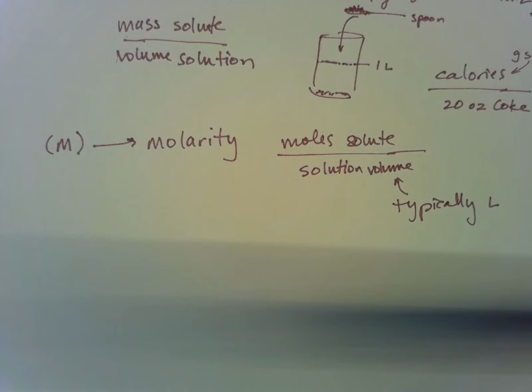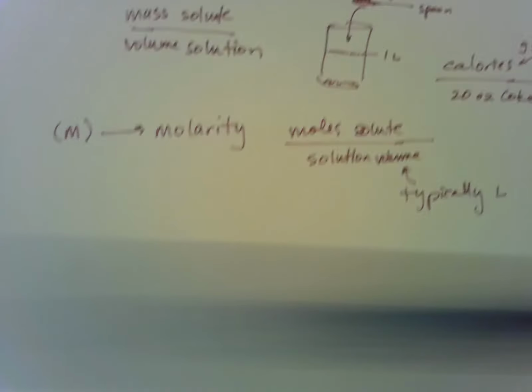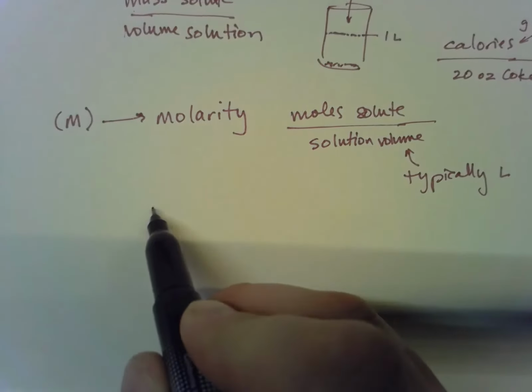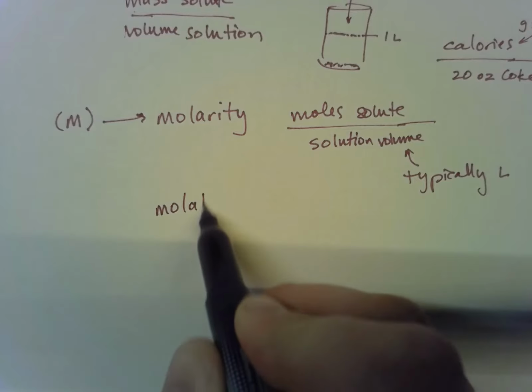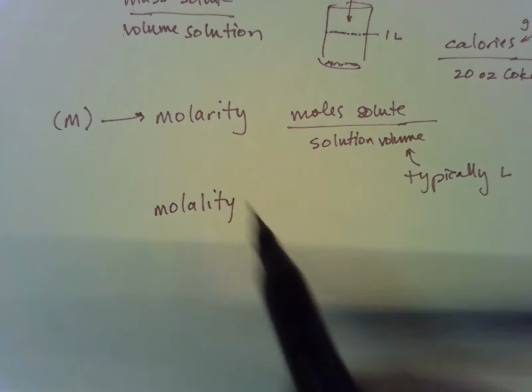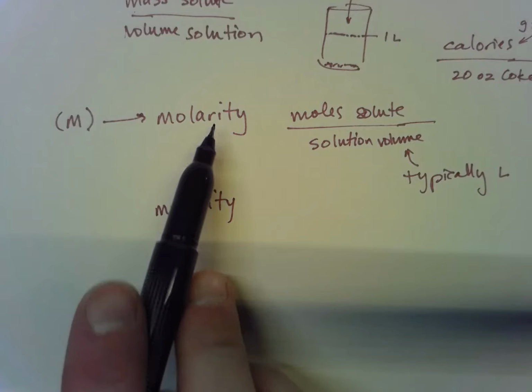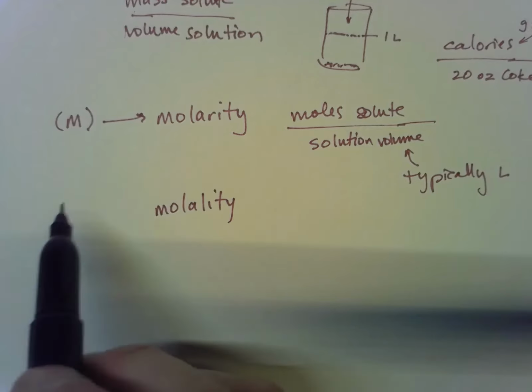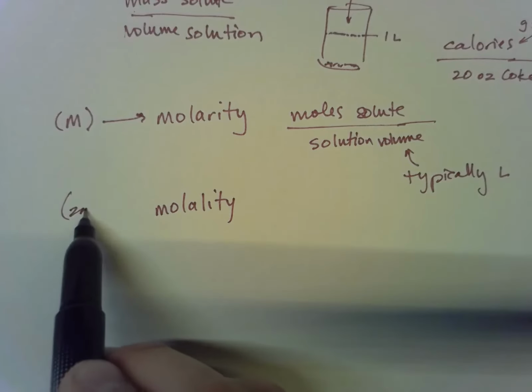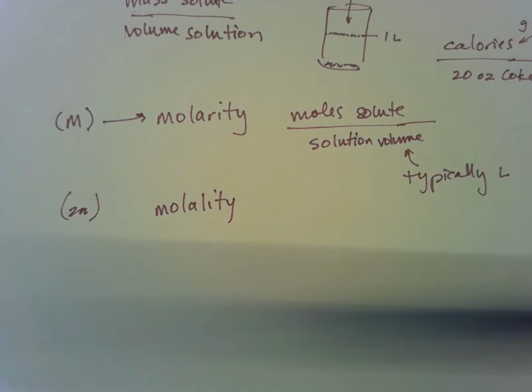All right, so that's that one. And we're just going to introduce them both right now. And then the other one is molality. So molarity, molality. And this is little m.